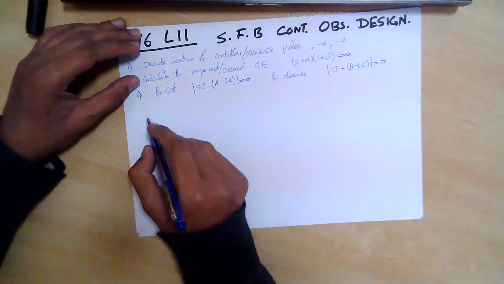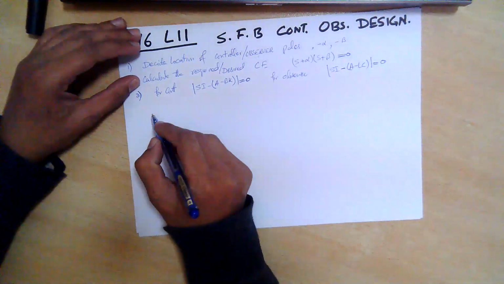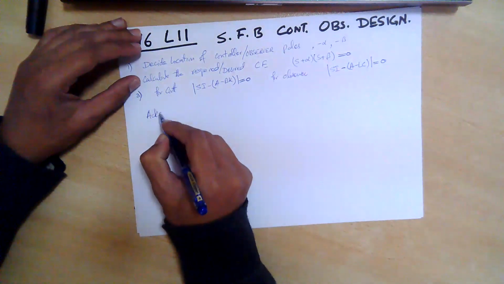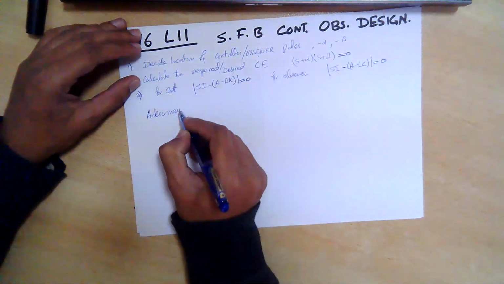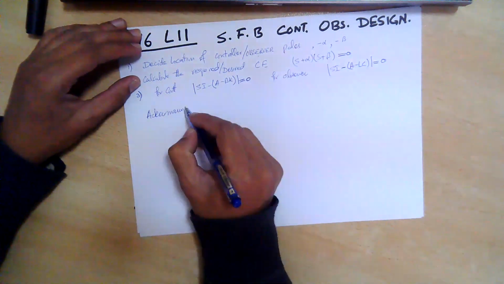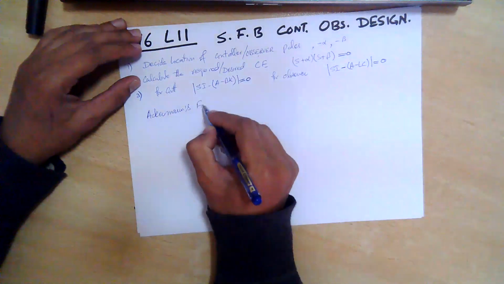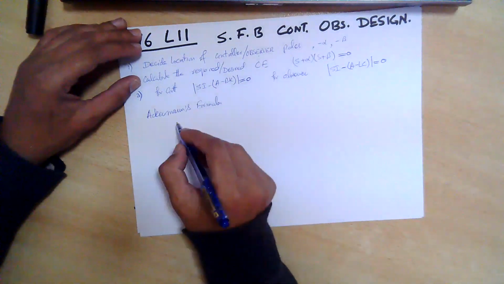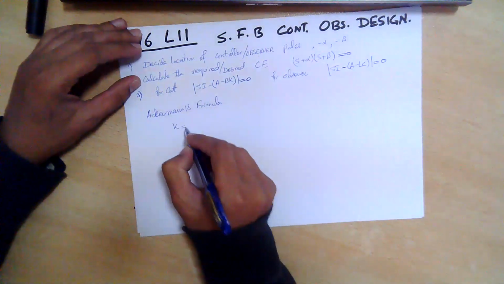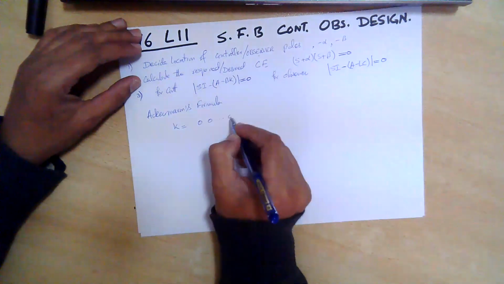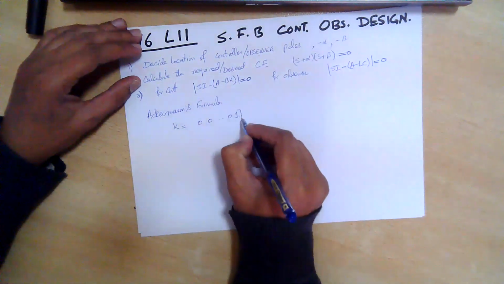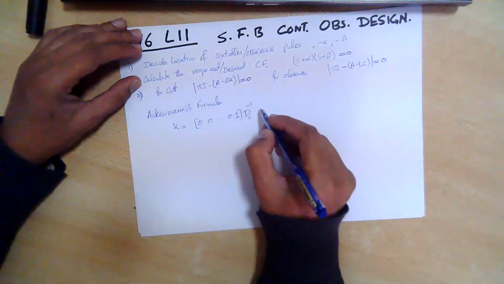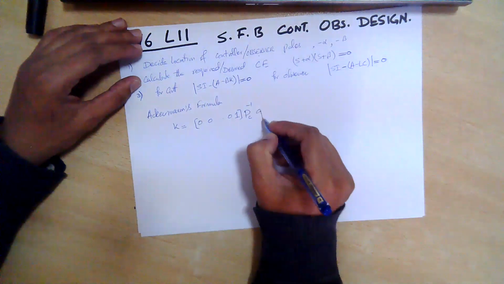There is a formula which is called Ackermann's formula. And Ackermann's formula for a controller K: K is [0, 0, 0, 1] times the inverse of the controllability matrix, times q(A).